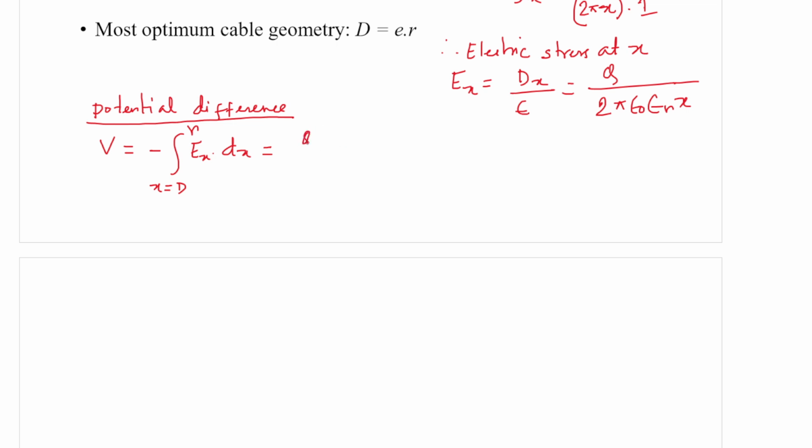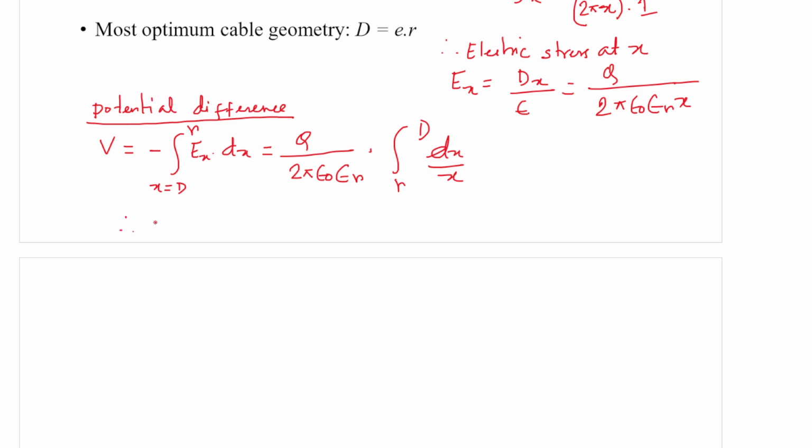So it will be q by 2 pi epsilon 0 epsilon r into the integration from small r to capital D of dx by x.